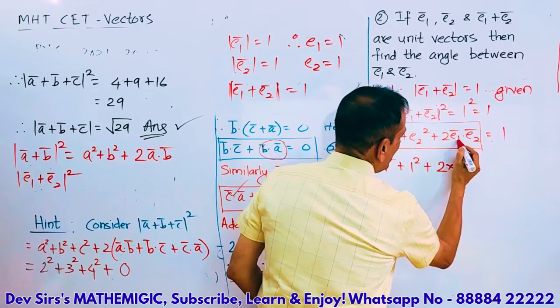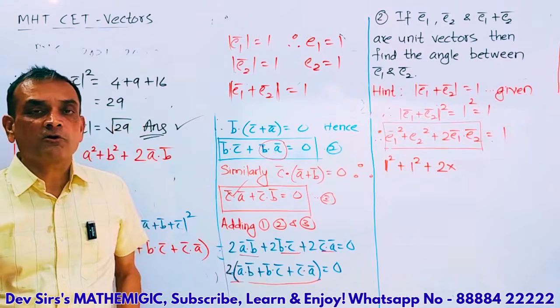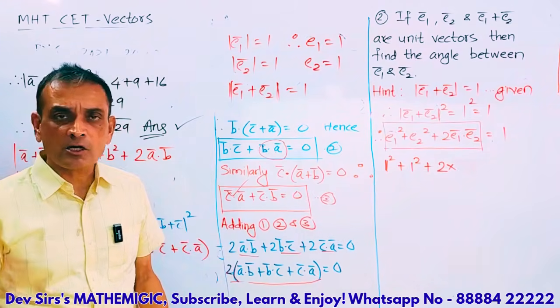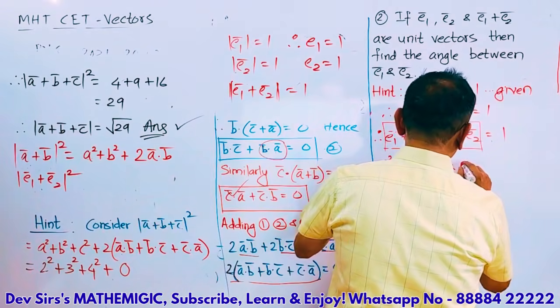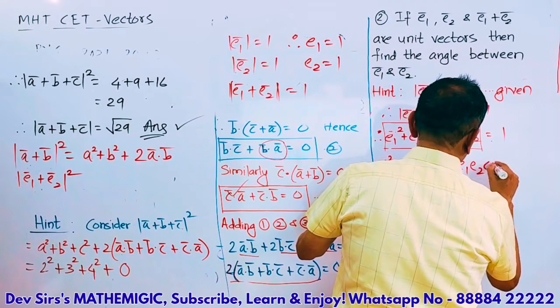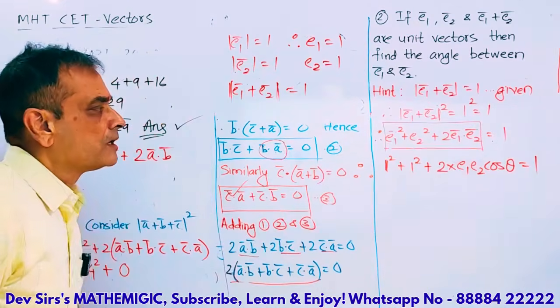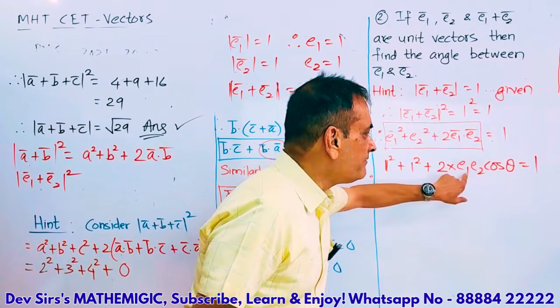It is E1 bar dot E2 bar. The formula for A dot B is used. What is the formula for A dot B? AB cos theta. So E1 dot E2 is E1 E2 cos theta, where theta is the angle between E1 and E2.